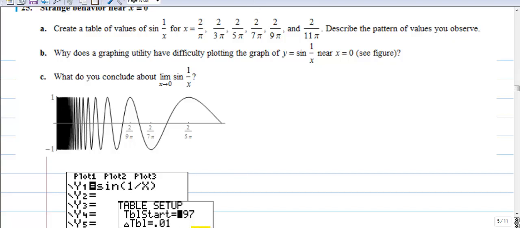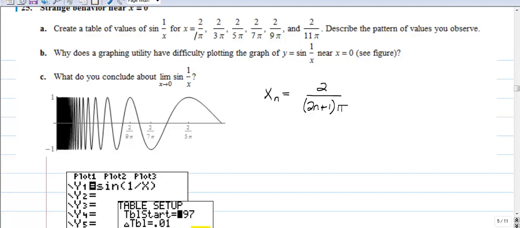One thing I want you to notice here is that there's a pattern. In these fractions, all the numerators are 2, and the denominators are the odd numbers times pi. And what's interesting here, and I don't know why I'm taking this side note, but it's kind of cool, is that the x values would be 2 divided by, well, the way that we write odd numbers is 2n plus 1, times pi.